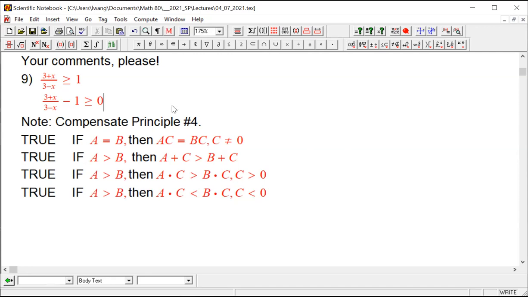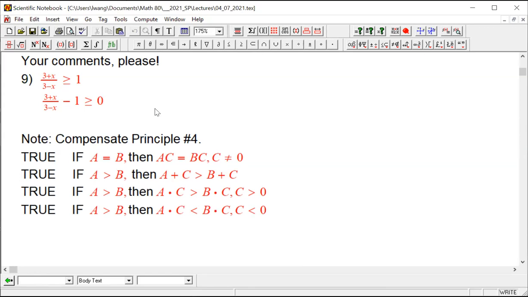So when we subtract 1 on both sides, no switch. And this step, we call it make 0. For number 7 and number 8, there was 0 there, so we don't need to make 0 in particular. But when there's no 0, we need to make 0. You will find that making 0 is a very, very common technique. Why? Because it's easier. Larger than 0 is above, less than 0 is lower than the x-axis. It's the same idea.